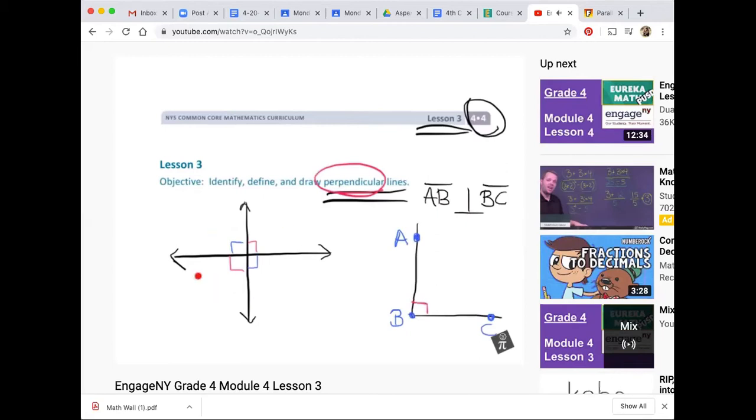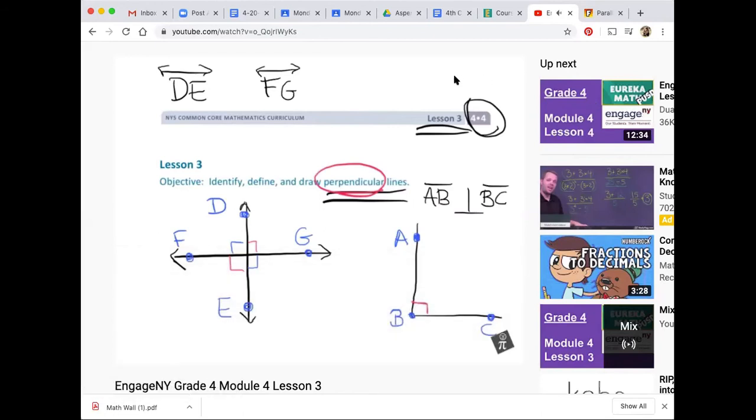So for example, this one over here, let's call this D, E, F, and G. Now in this case, we've got lines, not line segments. So we've got line DE, and I'll write it way up here. I'm going to draw that with the arrows. And then I've got line FG, and I'm going to draw the arrows at the top.